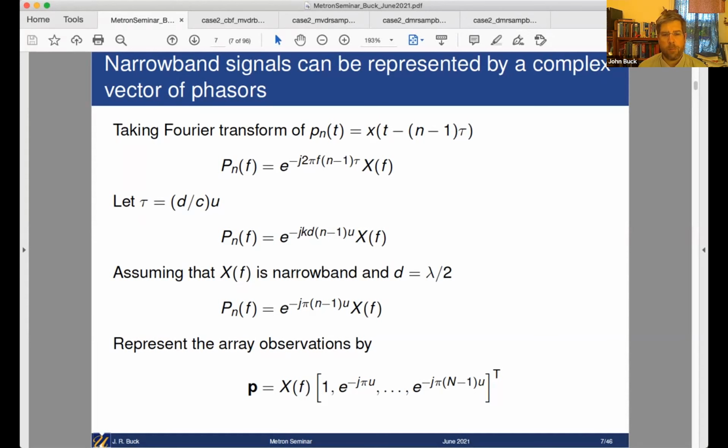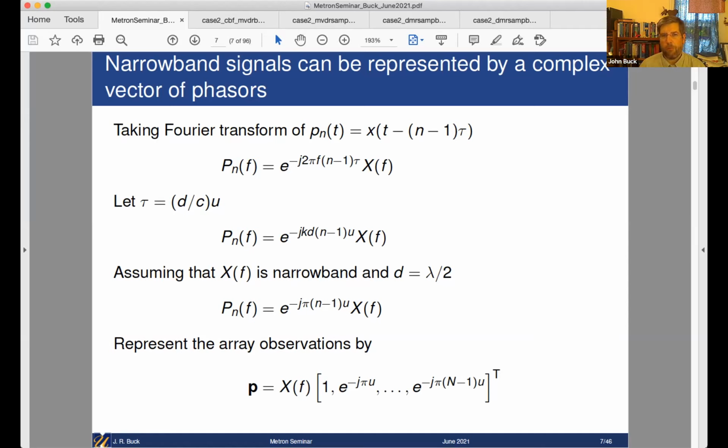So I can represent my array data for a single frequency or narrowband signal by saying I've got some amplitude due to the transmitted pulse, and then this vector of complex phasors. Basically, if I know the frequency of the signal being transmitted, I don't need the whole waveform. All I need to know for that frequency is the magnitude and phase to get the time shifts right.